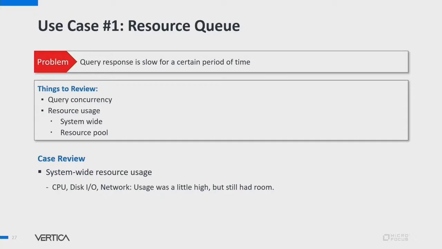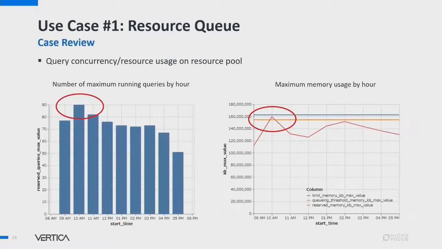In this use case, we saw a little high system resource usage, but it had enough room. Then we checked the query concurrency on a certain resource pool using the DC_RESOURCE_POOL_STATUS table.